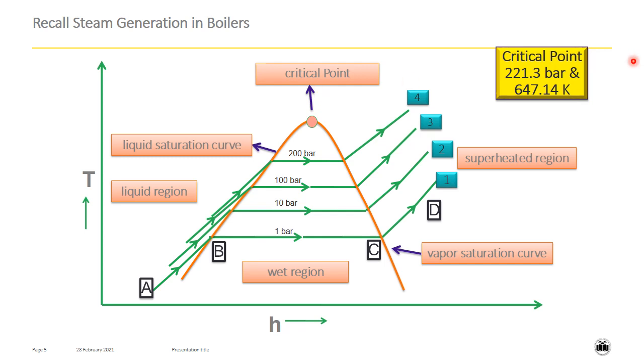Critical point of water is 221.3 bar and 647.14 degrees Kelvin. Boilers working below the critical point are called subcritical boilers. Boilers working above the critical point are called supercritical boilers.